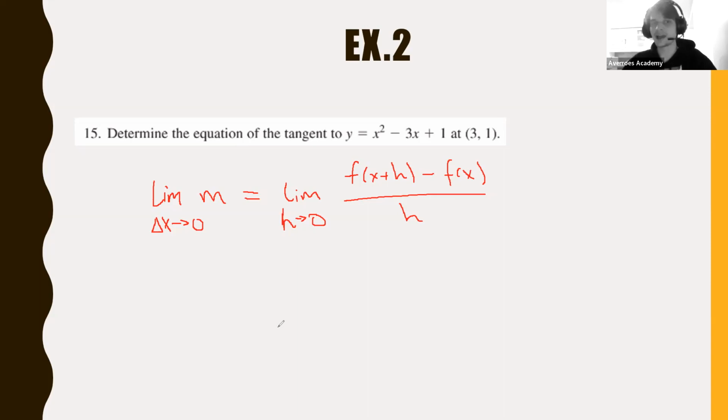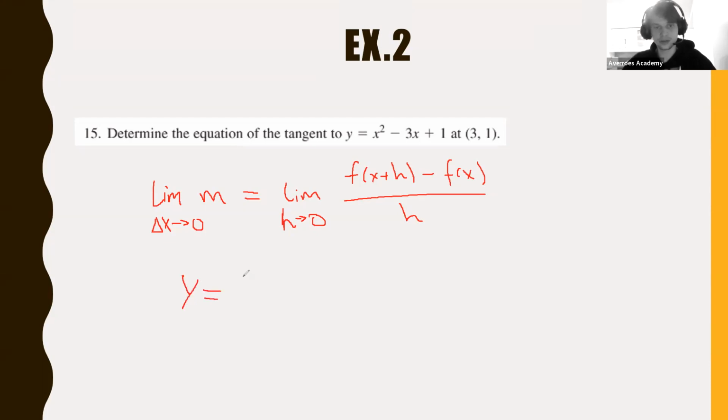How does the equation of a line look like? Linear. Yeah, it would be linear.